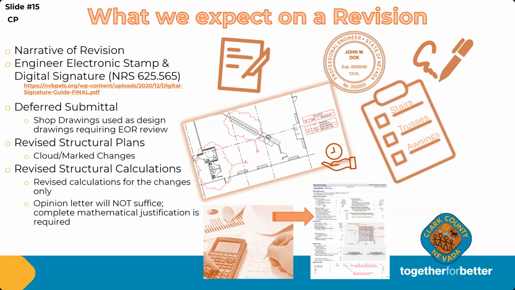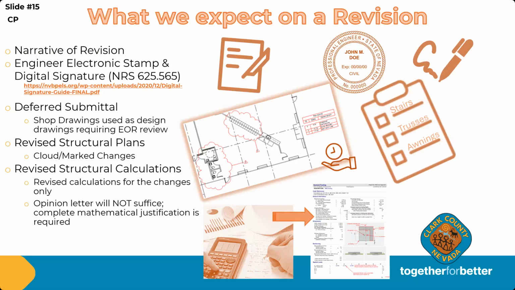So it's not us trying to stop your project or not allowing you to build. It's a requirement of the state of Nevada. And that's the reason why we enforce this NRS. So please make sure all your licensed engineers and design professionals are aware of these guidelines. If for some reason you have any questions yourself on how these signatures look or how they should look, go to the link that is listed on the slide.